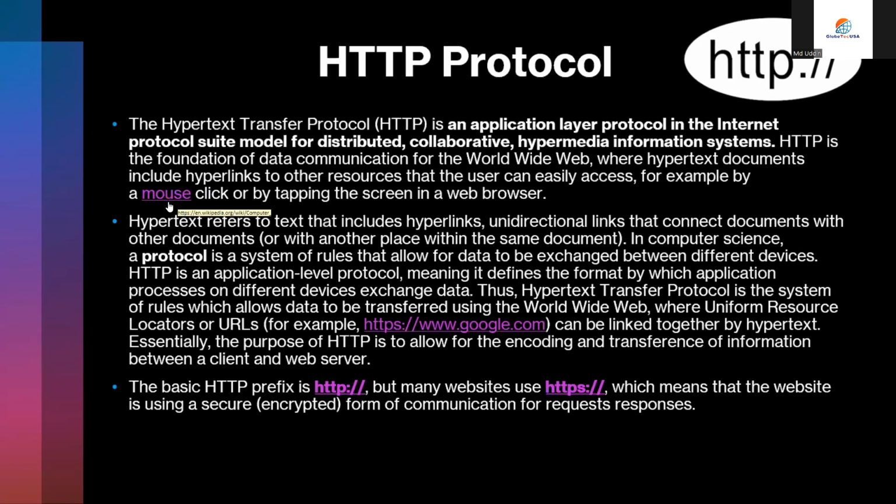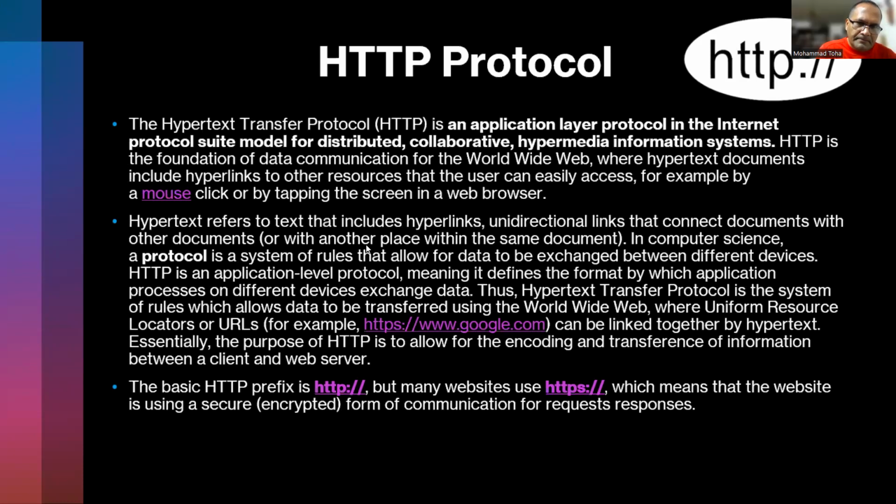When you click on the mouse, it will take you to that page, which gives you all the information about the mouse. Because HTTP is an application layer protocol, it is responsible for opening that information within the web server. That's called a hyperlink. A link within a link.